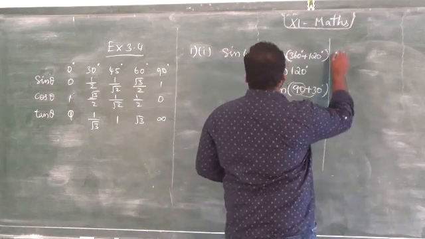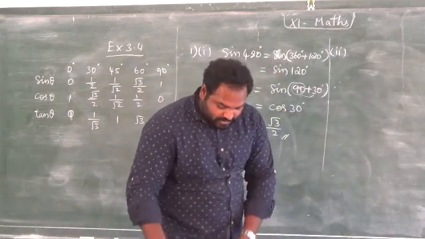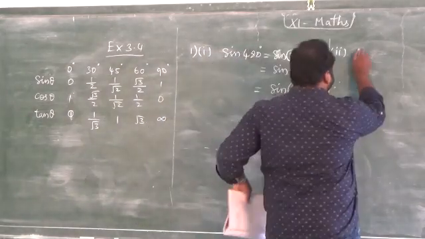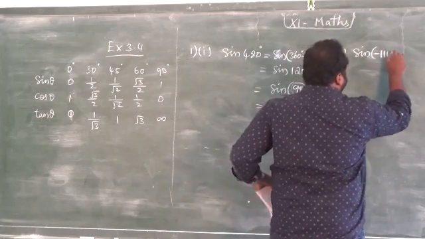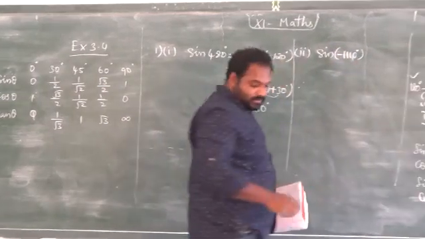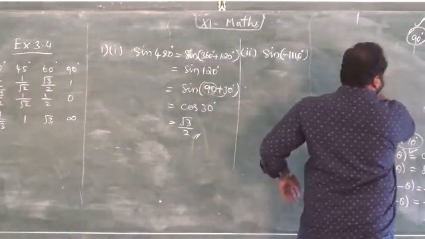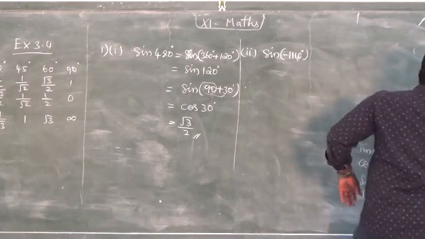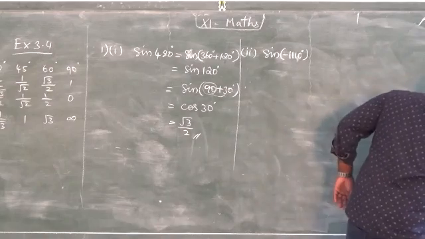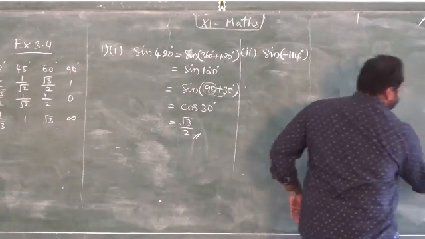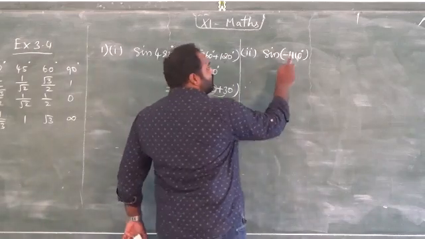Second, we have some more subdivisions given. Sin minus 1110 degree. At the beginning of this class, I gave these definitions for negative in the angle values.